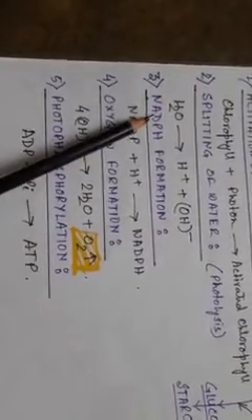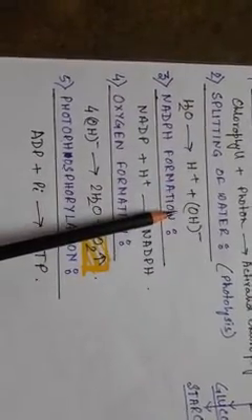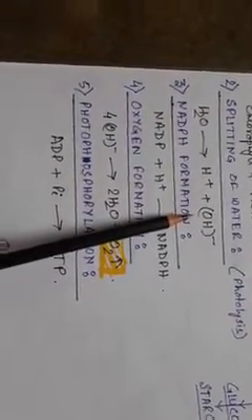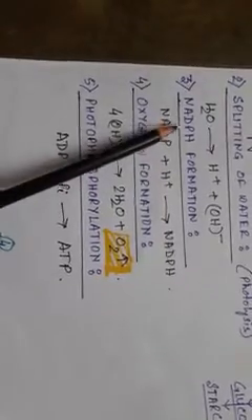Don't write H plus and O minus. Don't write it, though in some books it is written. So H2O is split into hydrogen ion and hydroxyl ion. It's called photolysis. Next, after photolysis, NADP, nicotinamide adenine dinucleotide phosphate. This NADP is a factor present within the chloroplast, within the plant cell.